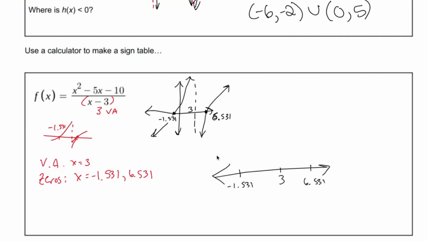It's negative all the way up until negative 1.531, and then it goes positive from that number to 3, and then from 3 to that 6.5 number, it's negative, and then from the 6.5 number on, it's positive. Not the prettiest one ever, but we needed to use our calculator for it for sure, because otherwise you'd have to do the good old quadratic formula. Fun.